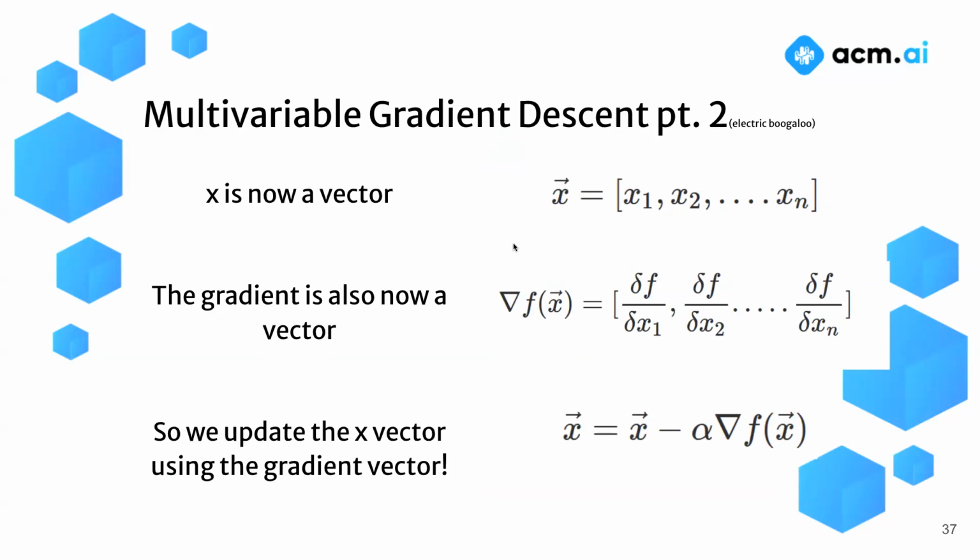Whenever we're doing these operations, think of it as getting applied to each value in the vector. So for example, for x1, we subtract alpha multiplied by this value right here, and we just update x1 like that. Does that make sense? All right. So this is just a notation thing. We're just applying it for each x1 value, x2 value, and so on.